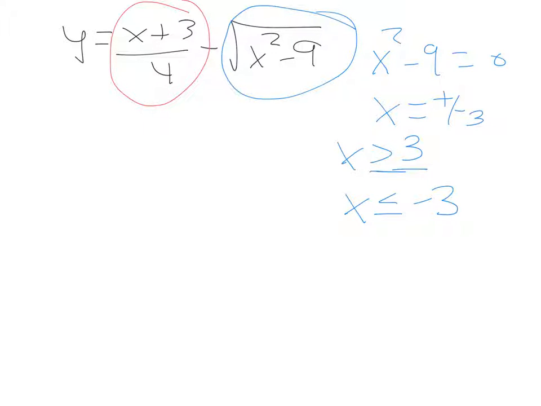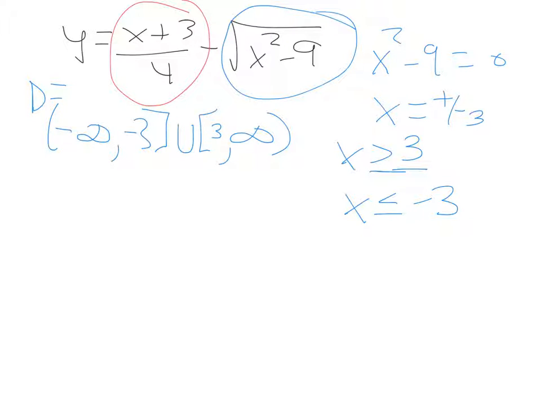When we write the domain for this function, we write it as negative infinity up to negative 3, including negative 3, as a union with the set 3 all the way up to positive infinity. And that's our domain.